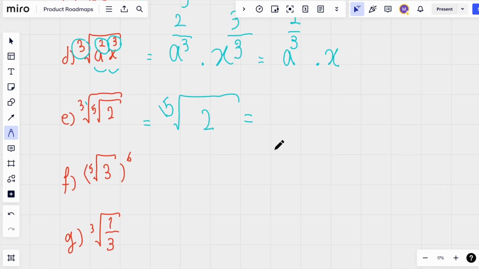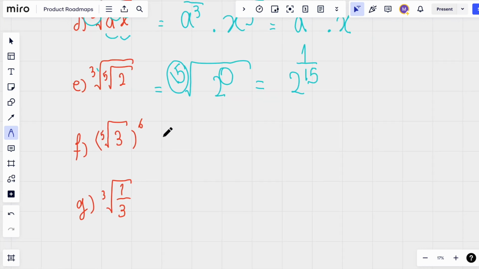I can write that in its exponential form. 2 comes out. The power of 2 is going to be in the fraction format. The numerator is 1. The denominator is going to be the index.